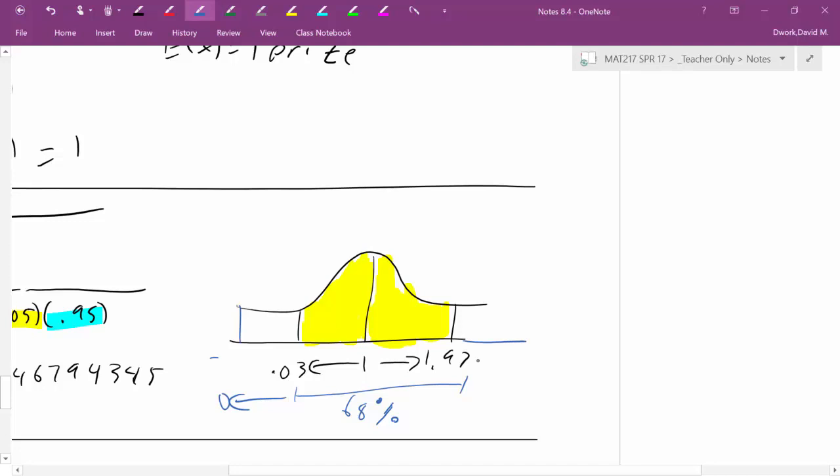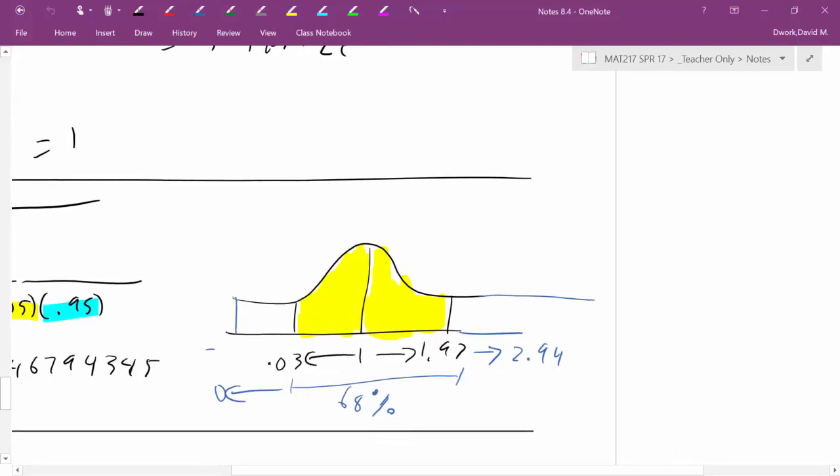But then going up 2 standard deviations will put us at 2 point 94-ish. So what does that mean if we're going up another 0.9 and change? Well, that means our second standard deviation is going to win somewhere up to just about 3 prizes.